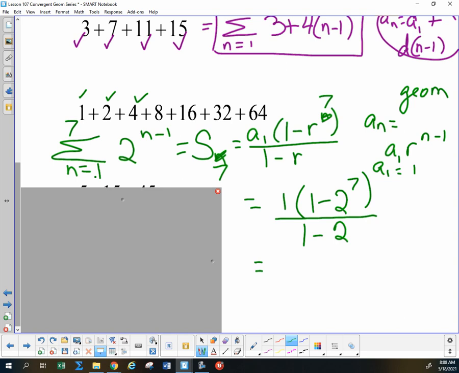And let's see what in the world we can come up with for that. So the denominator is going to be -1. The numerator is going to be 1 minus, let's see, 2 to the 5th is 32, 2 to the 6th is 64, so 128. So -127 over -1 is going to be +127.